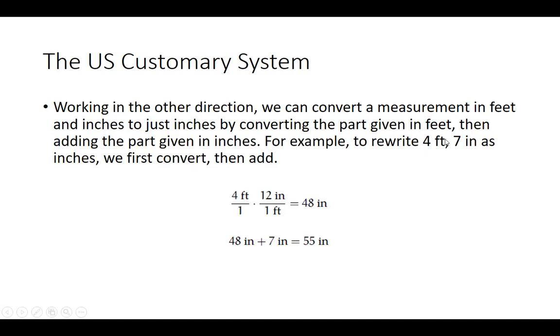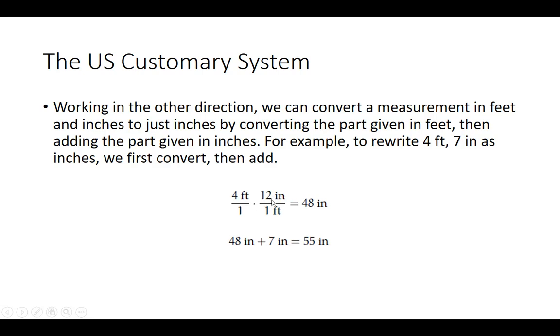So let's deal with the 4 feet first. 4 feet is the same as 4 feet over 1. Since feet is what we want to get rid of, we need a conversion factor with feet on the bottom. Since we want it in inches, we need inches on top. Feet cancel. Feet on the top, feet on the bottom, cancel away, leaving us just inches.